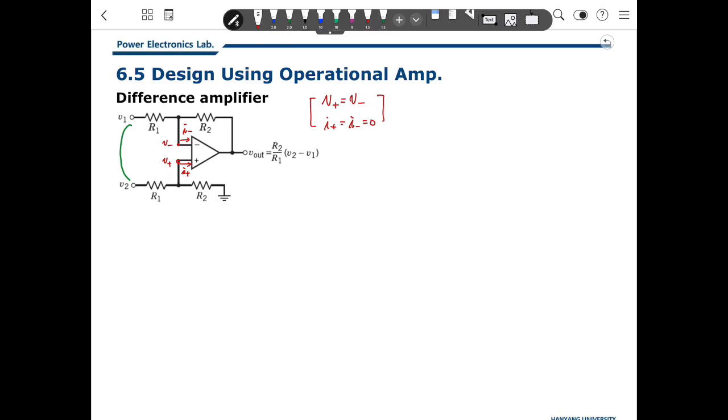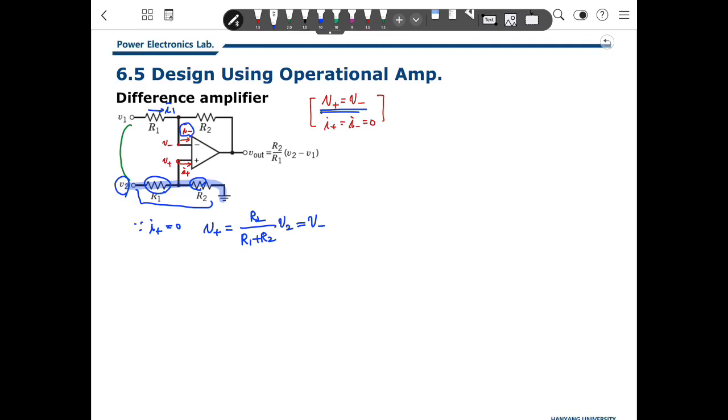Then to get the relationship, because I positive is 0, based on this relationship, the V positive is the voltage divided by R1 and R2 of V2, which is R2 over R1 plus R2 times V2. Then based on here, that will also be the V negative. Then we define this quantity as I1.